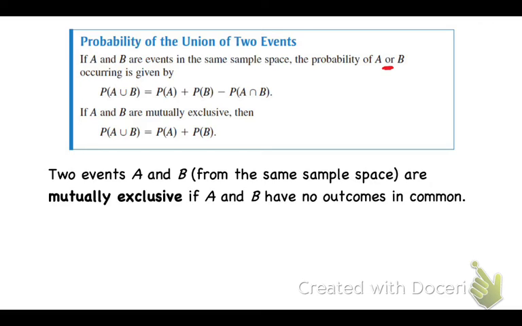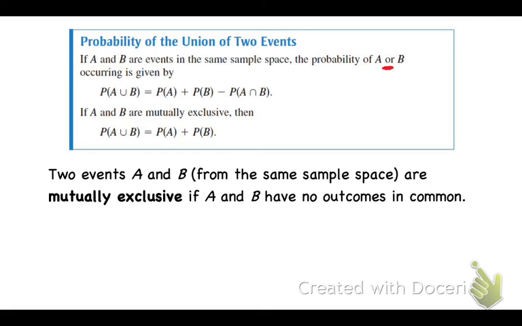So what we have to do is find the probability of A, find the probability of B, and subtract their intersection. That's what the upside down U is. So if I want the probability of girls or juniors, do we have girl juniors in here?